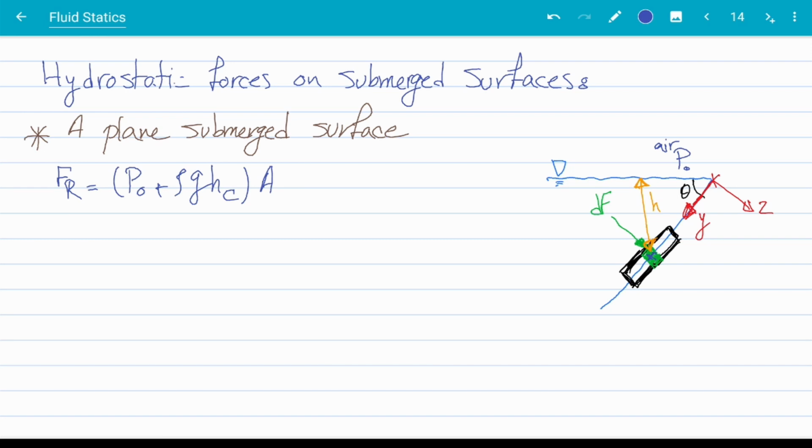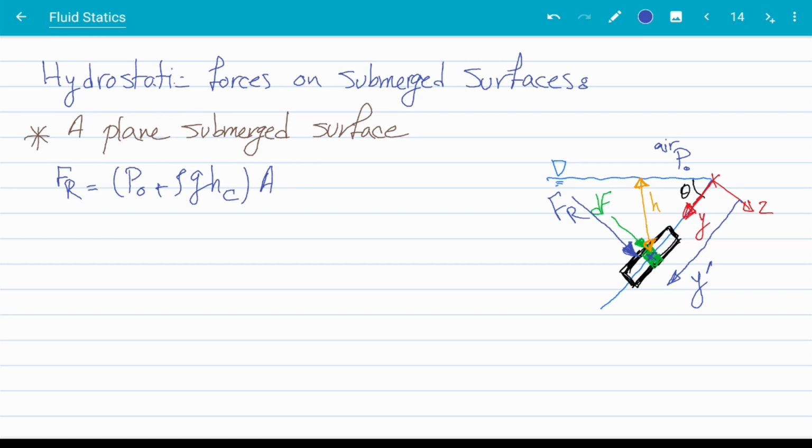Let's say the location that I'm looking for is y prime. So Fr, the total force, is applied here at y prime, right? And I want to find it.